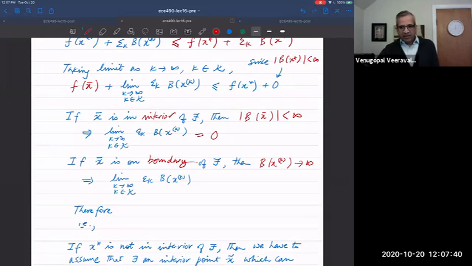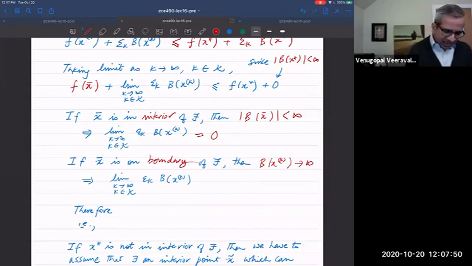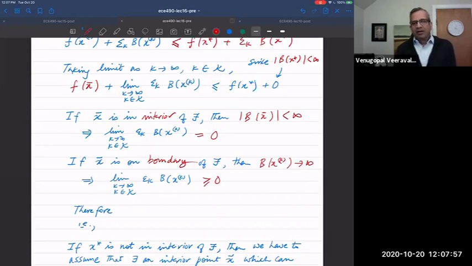The barrier is going to plus infinity, but the product is not going to be negative. We know that for sure, because b cannot go to minus something, it's going to plus infinity. So even in this case, this product is non-negative. Epsilon could go to 0 and the barrier could go to infinity in a way that the product is still going to 0, but it'll still be non-negative.